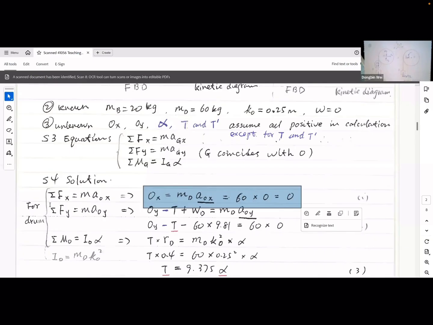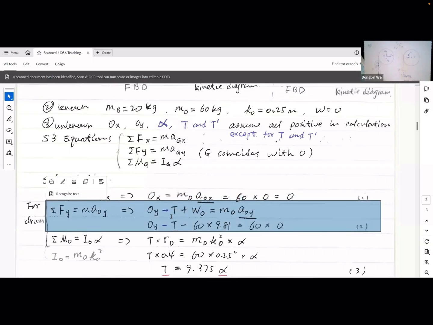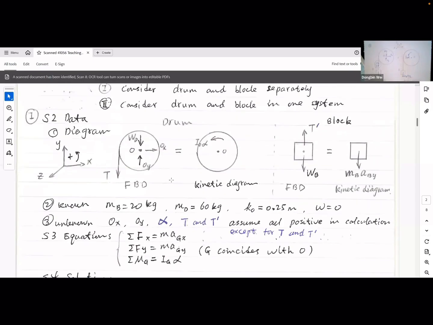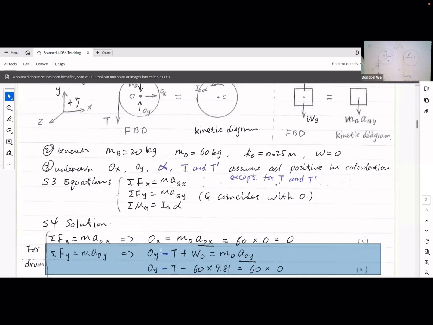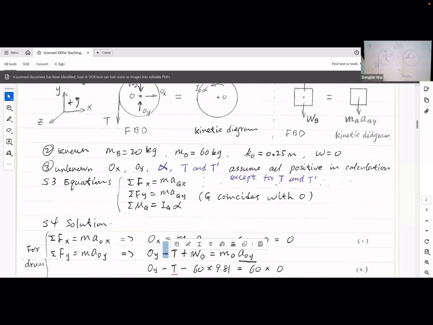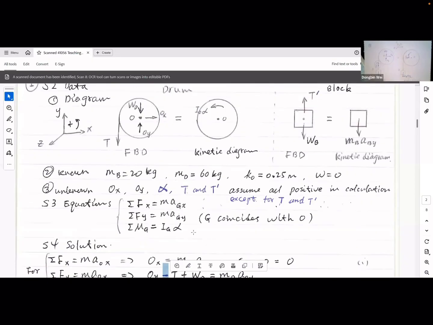Now for y direction. Along y direction, we have O_y, we have T, we have W_D. Look at this diagram. T, unknown, downward, negative. So I have a negative sign before T. W_D, it's downward.